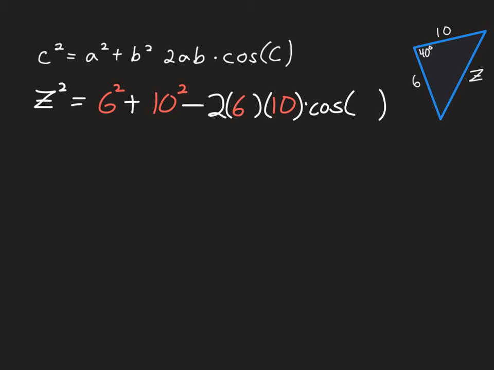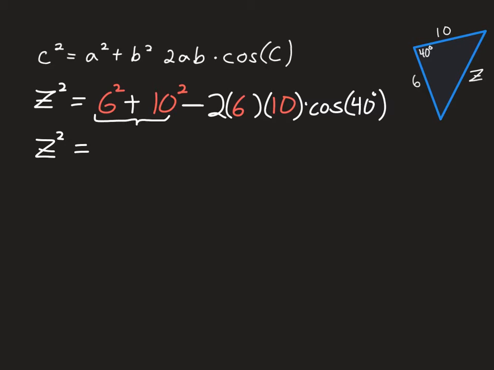Let's take a look at this triangle here. 6 and 10 were my two known sides. What's the angle between those two sides? Well, 40. Since I use 6 and 10 here and here, I'm going to use the angle between, which is 40. So the cosine of 40 degrees right there. Now the left side is just z squared. Here I'm going to break it up into groups.